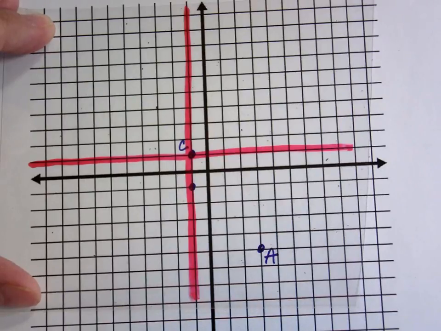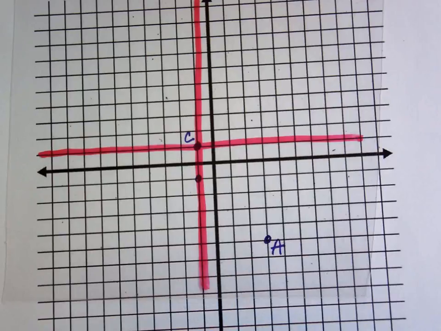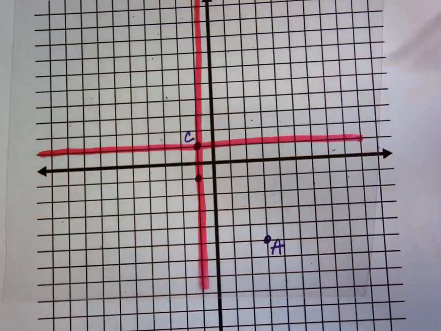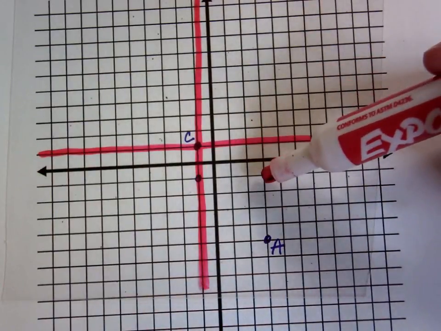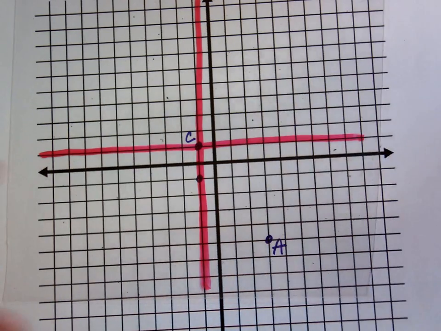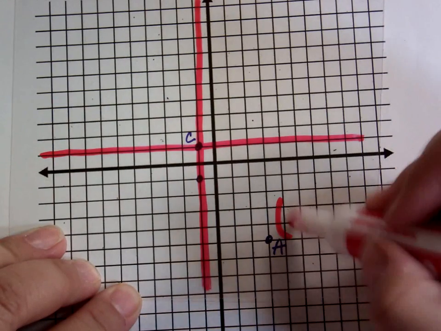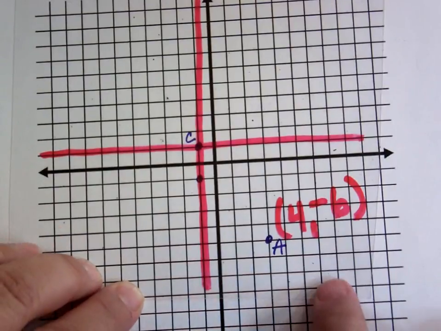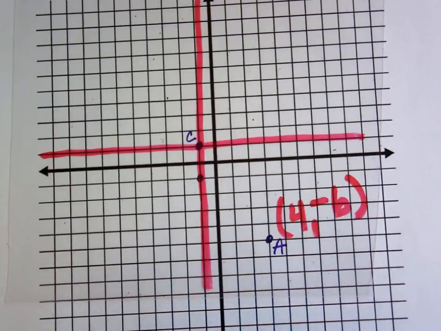So I'm just going to think of wherever my center is as being the origin of my new set of axes. And then I find the coordinates of my point with that center as the origin. So that would be 1, 2, 3, 4 to the right, and 1, 2, 3, 4, 5, 6 down. So the coordinates of A in this world are 4, -6.